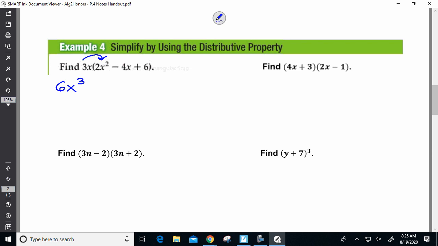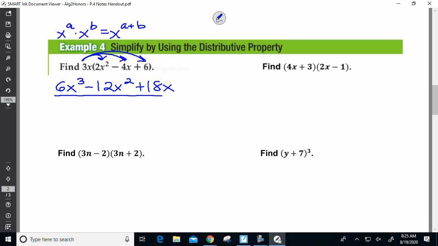So remember from yesterday when we did properties of exponents, if the bases are the same, keep the base, add the exponents. 6x to the third minus 12x squared, and then plus 18x. So basic distributive property.